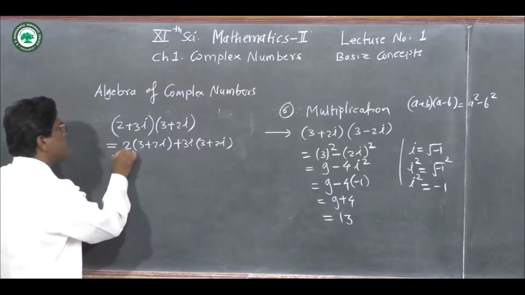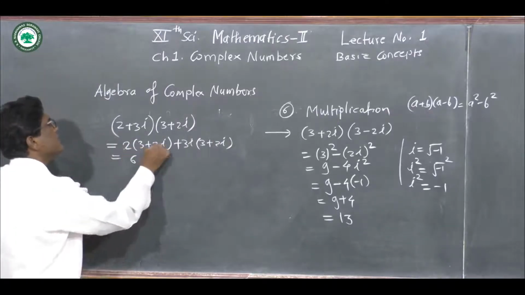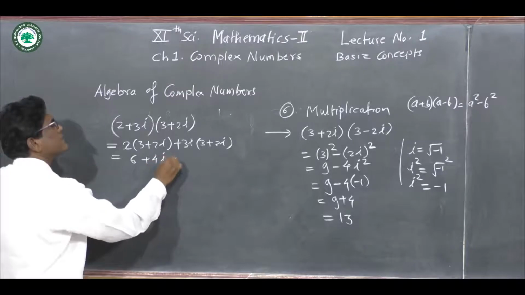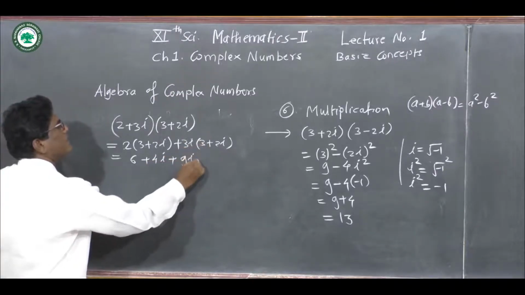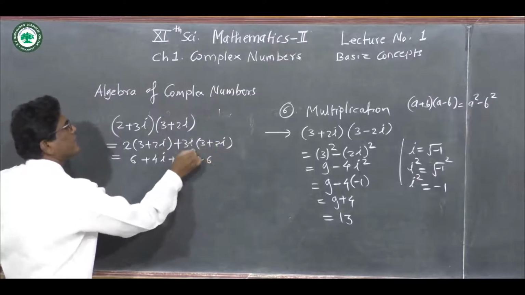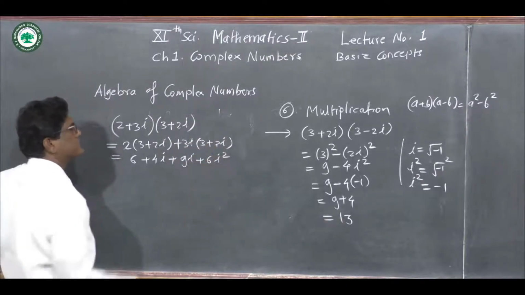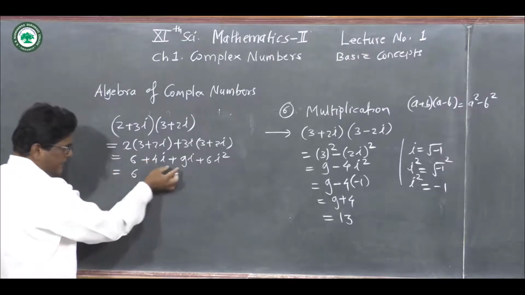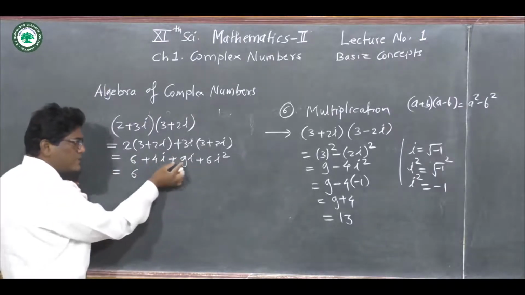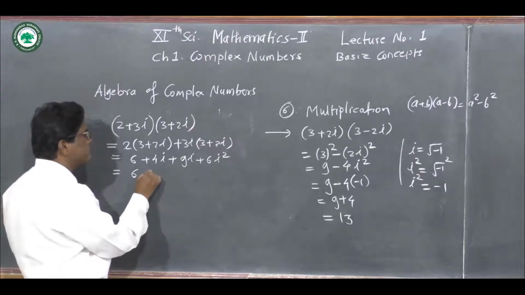So it is equal to 2 into 3, that is 6, plus 2 into 2i, 4i, plus 3i into 3, that is 9i, plus 3 into 2, 6, and i into i, i square. So it is equal to this 6 as it is. Now this 4i plus 9i, we add, that is 13i.